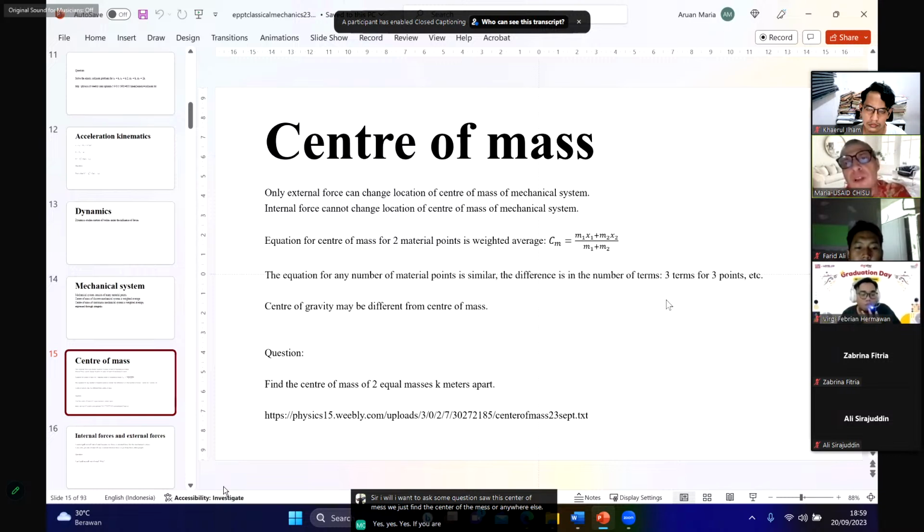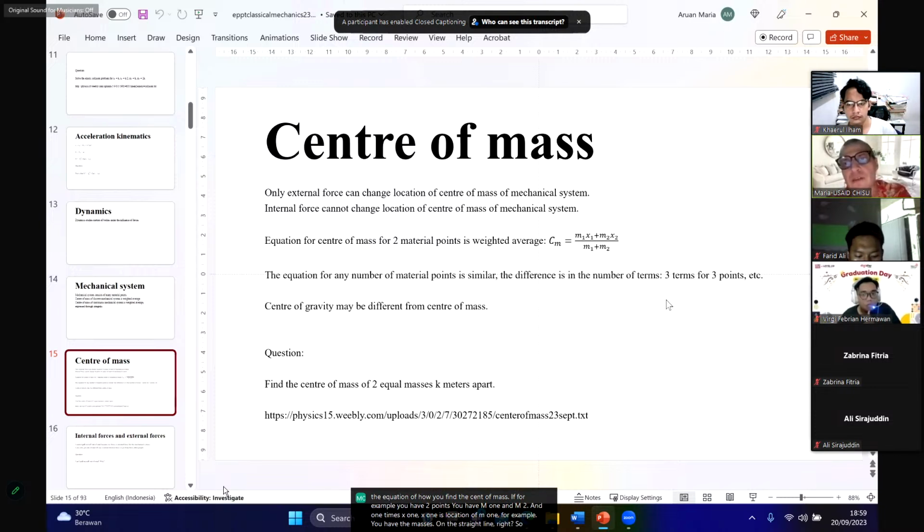If you are given several material points with the mass located along one axis, this is going to be the equation of how you find the center of mass. If, for example, you have 2 points, you have m1 and m2. m1 times x1, x1 is location of m1. For example, you have the masses on the straight line, right?